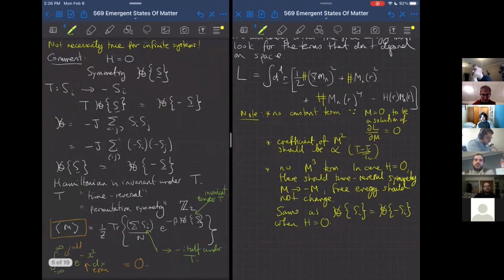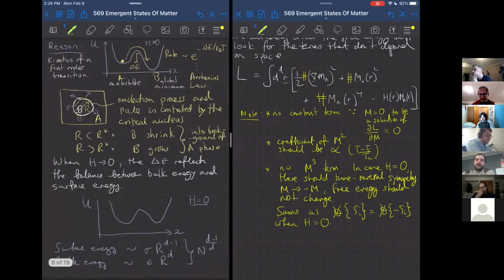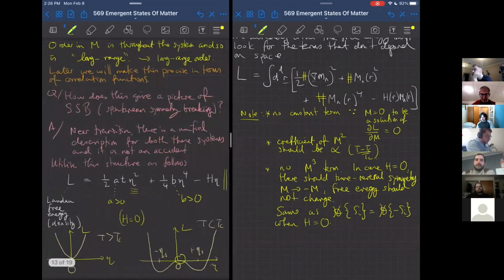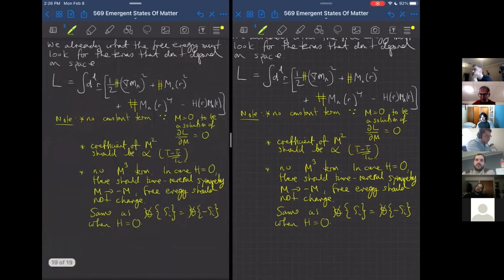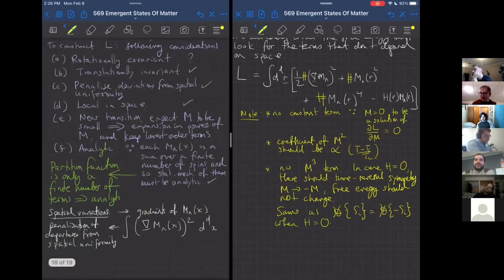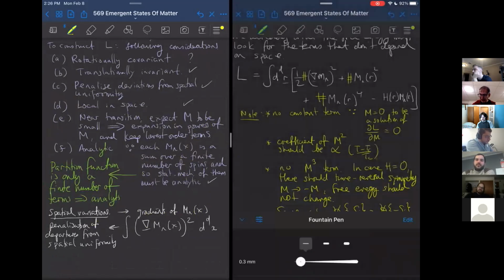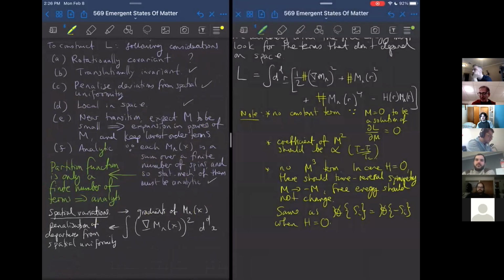Yep, we saw that back here. So this is just the free energy manifestation of the original symmetry of the Hamiltonian. Okay, so everybody happy with that?